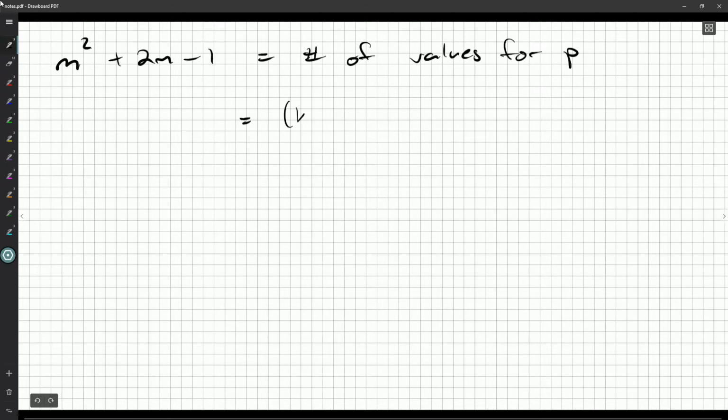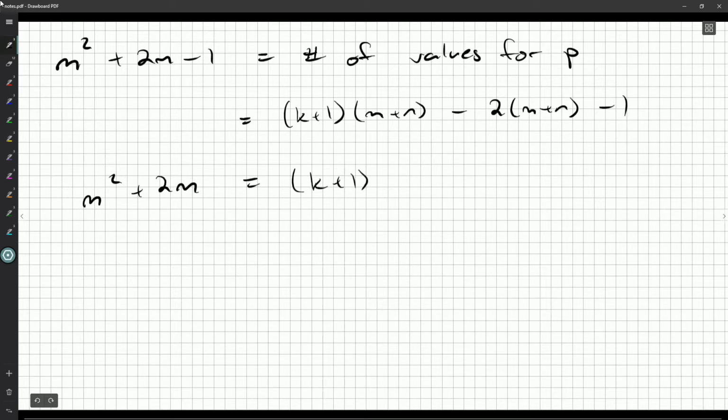So that'll be k plus 1 times m plus n minus 2m plus n minus 1. Now if I add 1 to both sides, I can get m squared plus 2m is k plus 1 minus 2, so k minus 1 times m plus n.